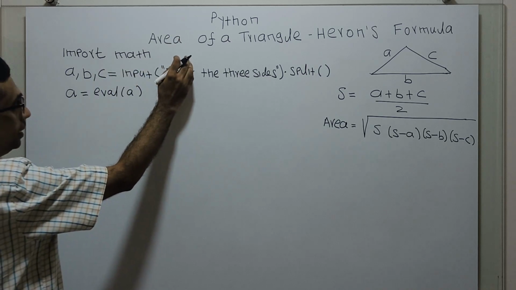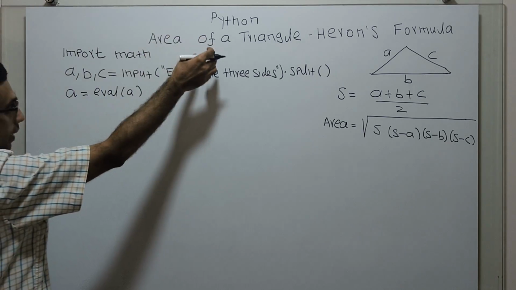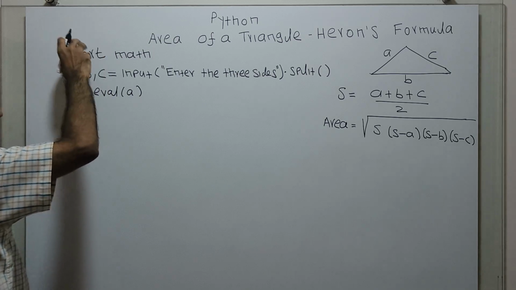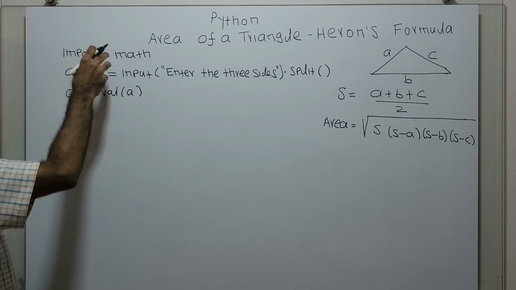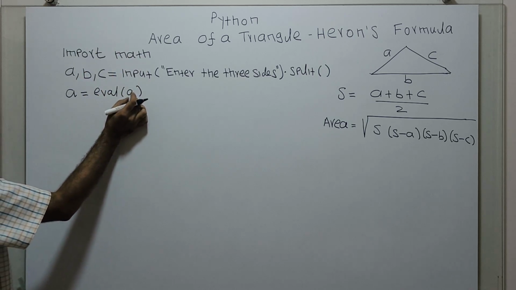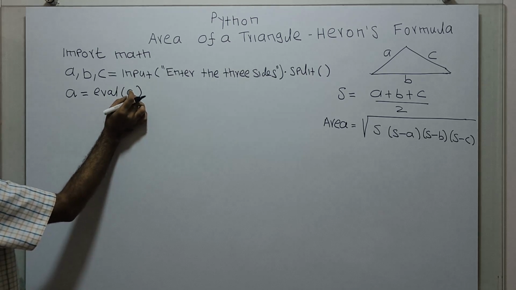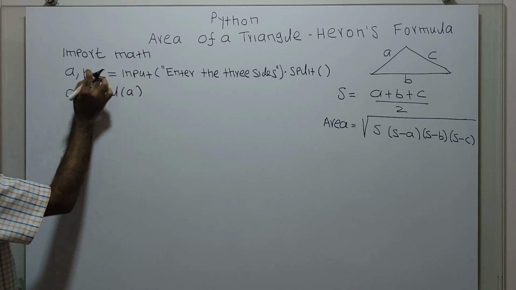That means if we enter 10, 10 will get stored in A. The next value 20 will get stored in B. The next value 30 will get stored in C. Even though A, B and C are numbers, they are of data type string. To convert them into a numeric data type, we have to use the eval function. If the value stored in A is a string representing an integer, like 27, then eval will convert it into an integer.